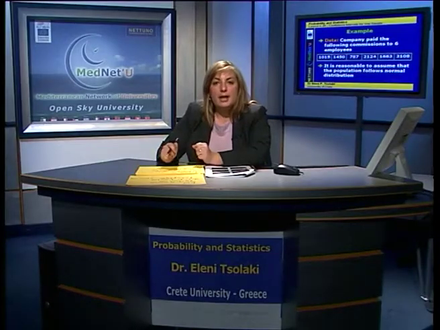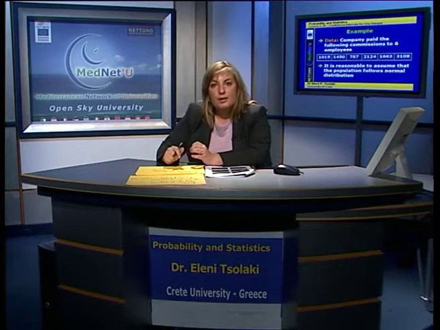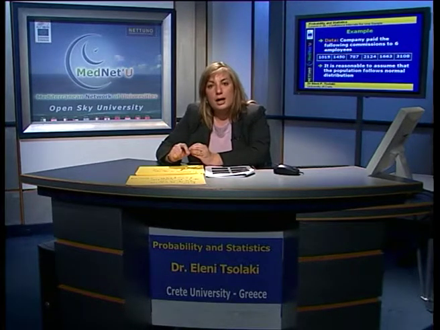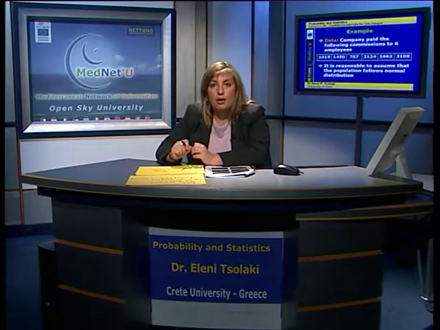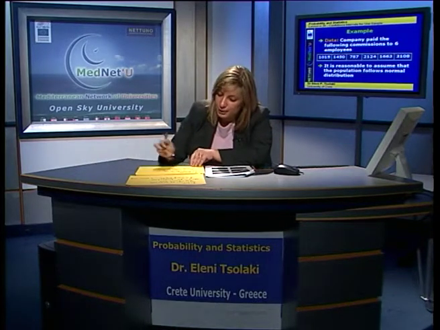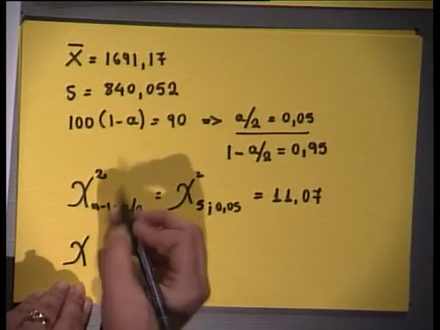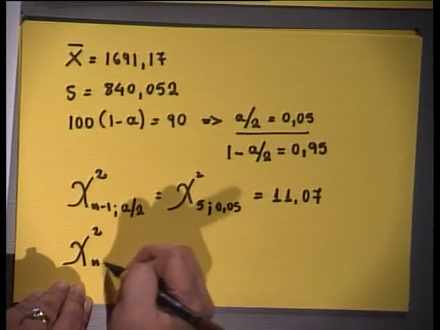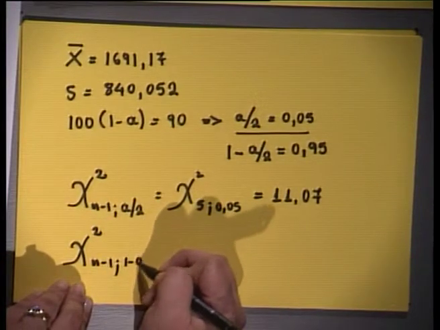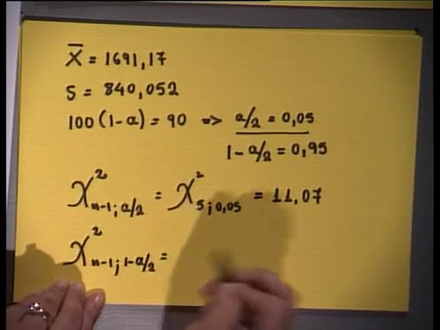Now we need to read the value of the chi-square distribution for area 1 minus a over 2, which will be (1 minus a over 2).